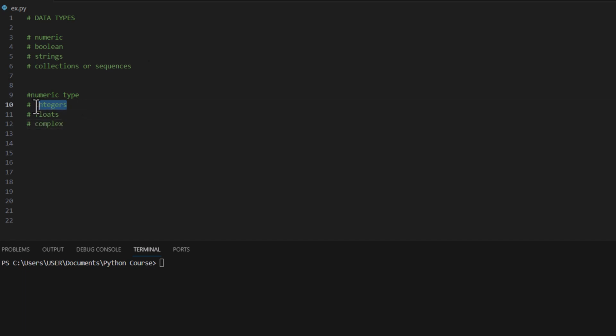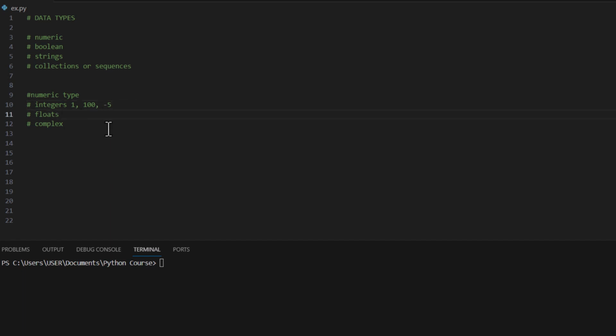So integers are whole numbers. These are numbers that do not have decimal places. It could be negative, it could be positive. So numbers like 1, 100, or -5, these are integers. There are no decimal points in the number.